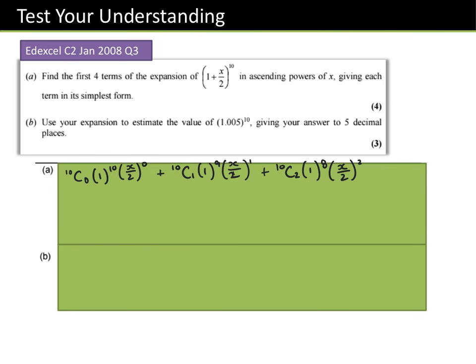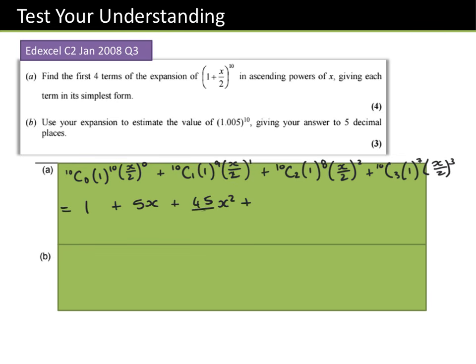How many? First 4 terms, 1, 2, 3. And then 10C3, 1 to the power of 7 and (x/2) cubed. So this is going to equal 1 plus 5x plus 45 over 2 x squared plus, what is 10C3? Oh, what an absolute silly mistake.